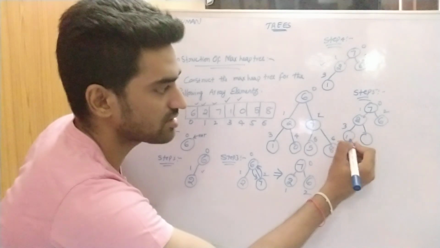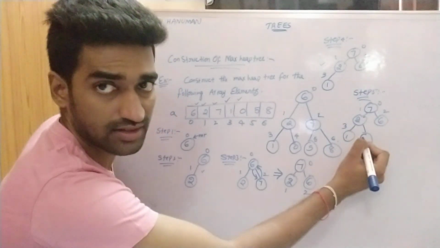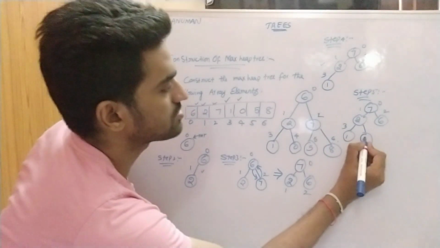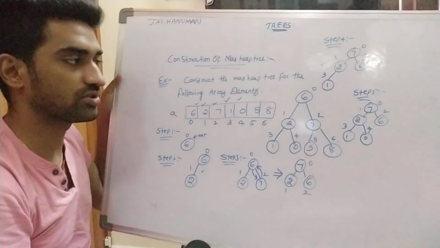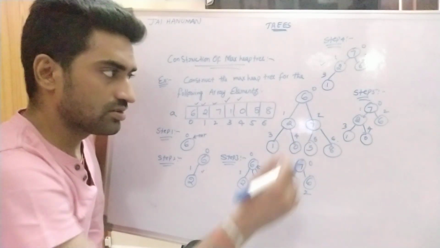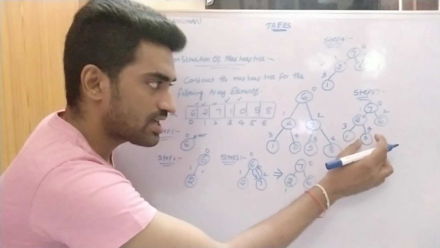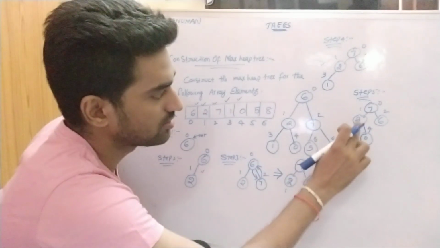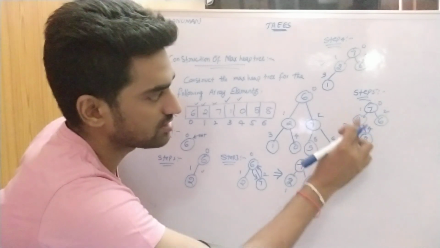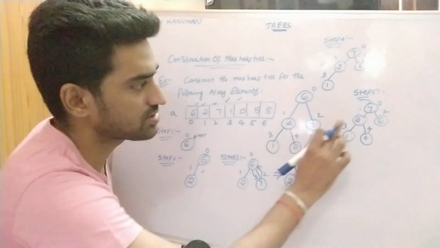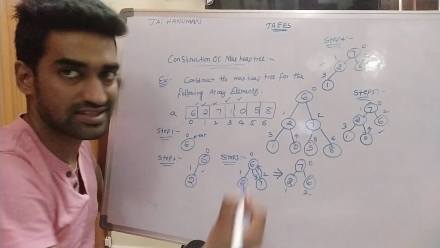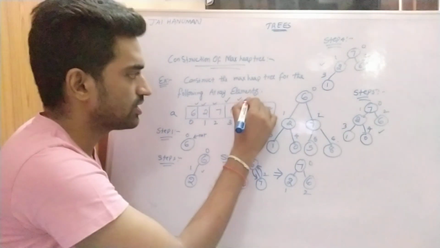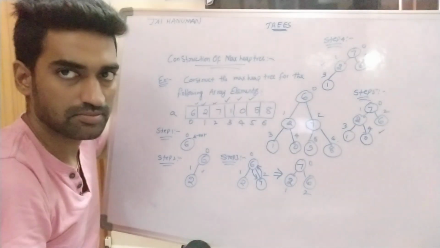Here the left is completed, so that's why we are inserting at the right position. So that is 0, the fourth position. Now check whether this tree satisfies the max heap tree property or not. Here the root node is greater than its children, right? So that's why this tree satisfies the max heap tree property. Then we are inserting one more node into the tree, right?